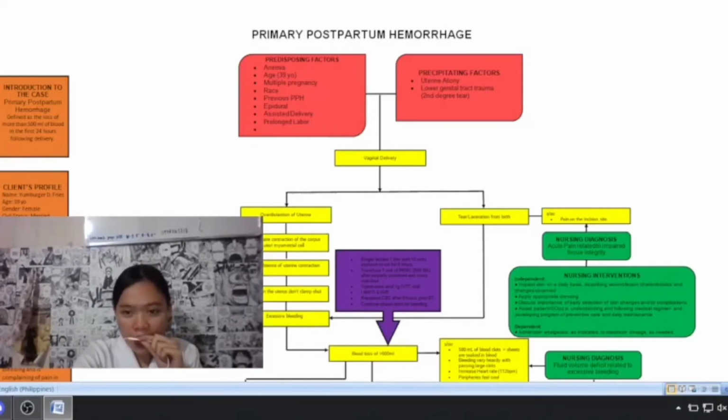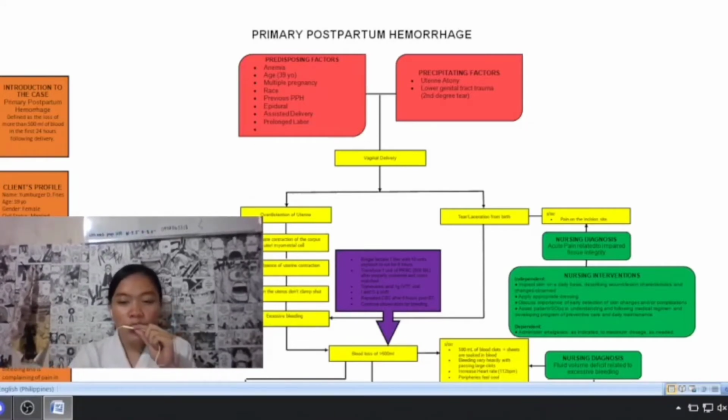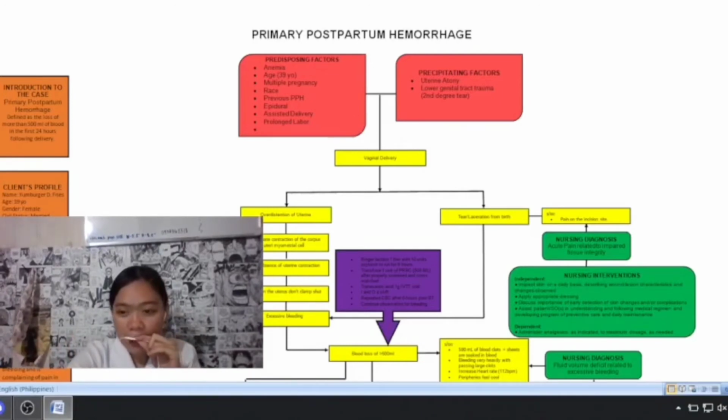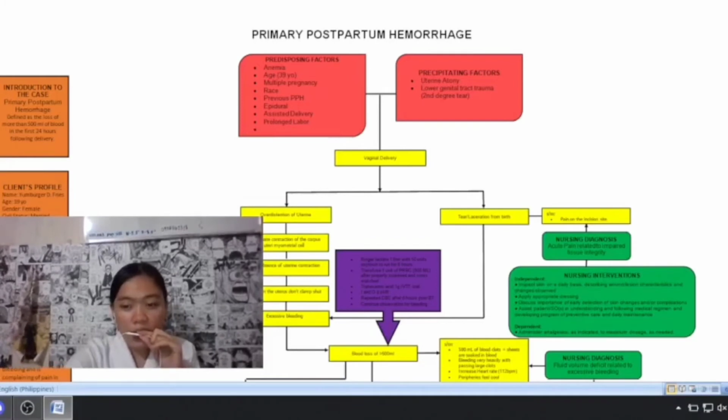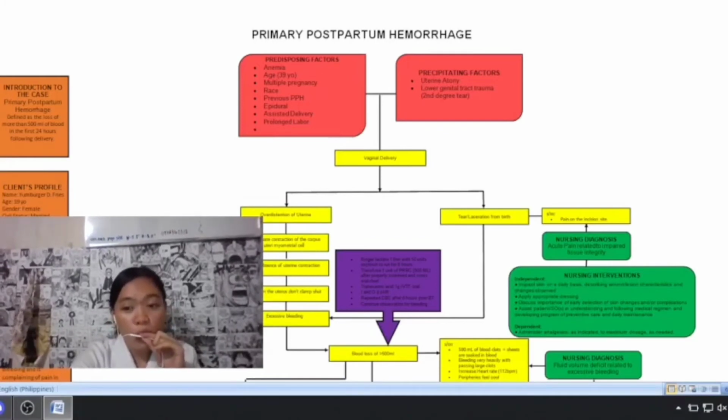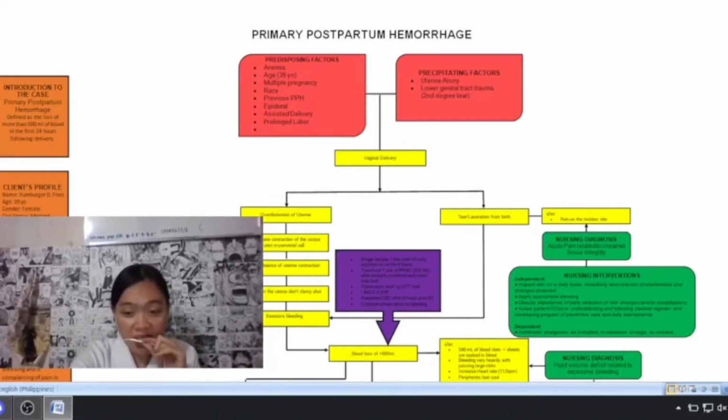Here, in the decrease in tissue perfusion, there is decreased blood flow and low production of oxygen and other nutrients that are important in cellular activities, which is why the patient manifested drowsiness and pale skin, because of decreased tissue perfusion, and this leads to hemorrhagic shock.